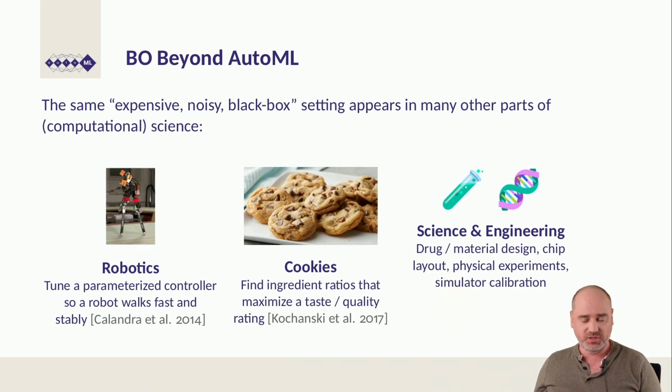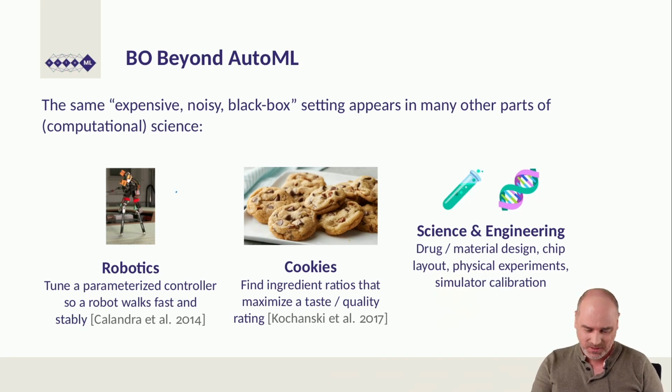What is also interesting to note is that this same expensive, noisy black box setting that we see in the definition of our hyperparameter optimization objective function in AutoML also appears in quite many other parts of science or computational science. So I've started out here with two individual examples.